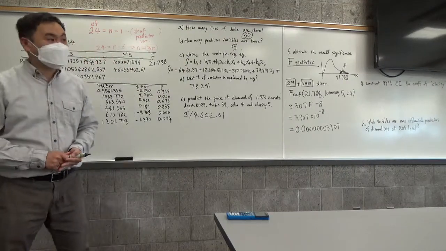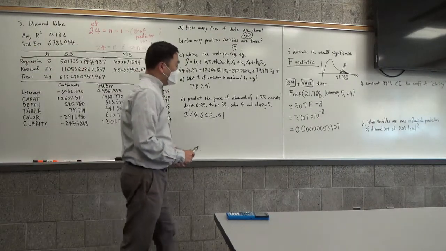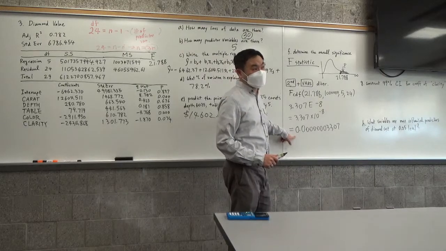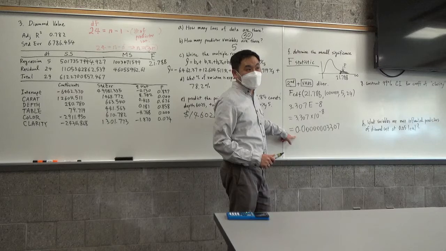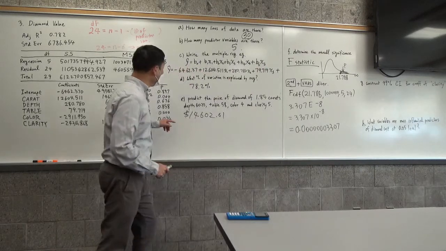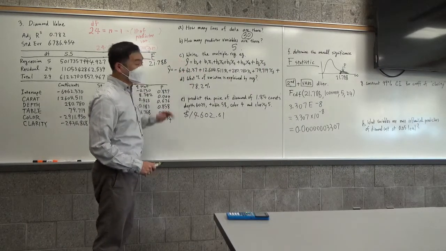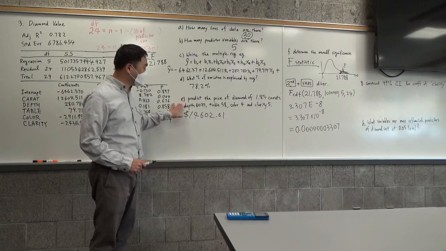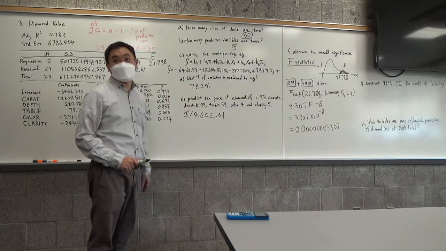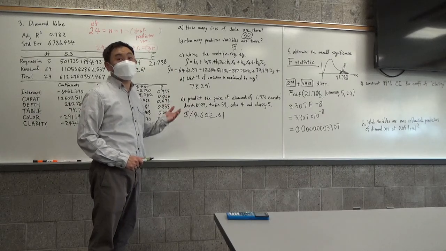Well, the reason is the following. If this value doesn't come out as very significant, then can we trust this regression equation? No. So when you're being asked to predict, can you use the regression equation? The answer is no, you can't.